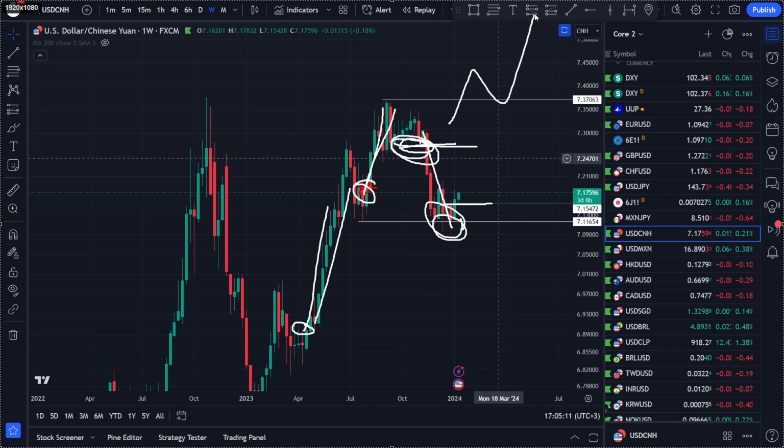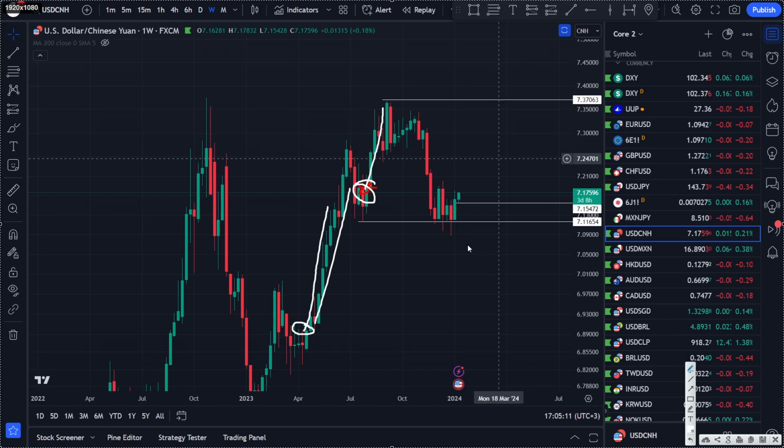It's not a higher low, it's rather a consolidationary signal, a lower low. So that's one of the main points I want to make on USDCNH.